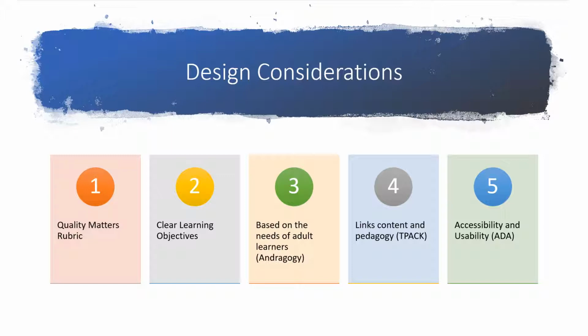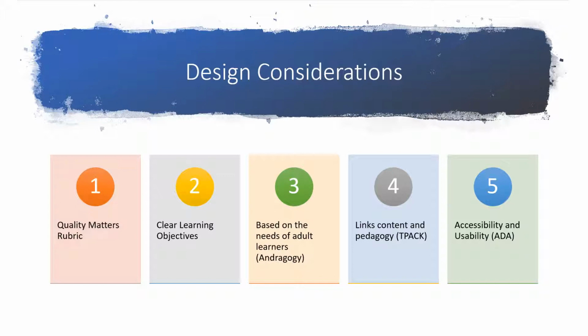What would be an effective methodology for an art class or a math class may not be effective for teaching a college-level chemistry class. So we have to be aware of the needs of those adult learners. Of course, there has to be that link between content and pedagogy, foundationally using TPACK, which we'll discuss a little bit later on.